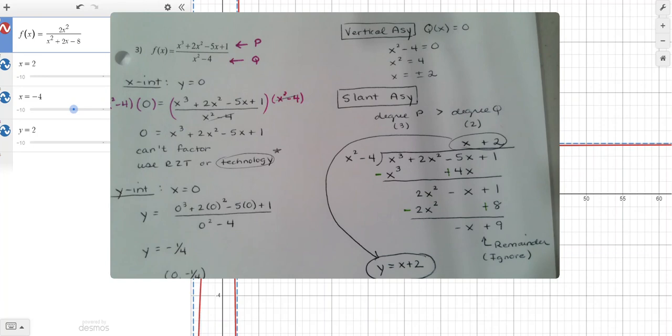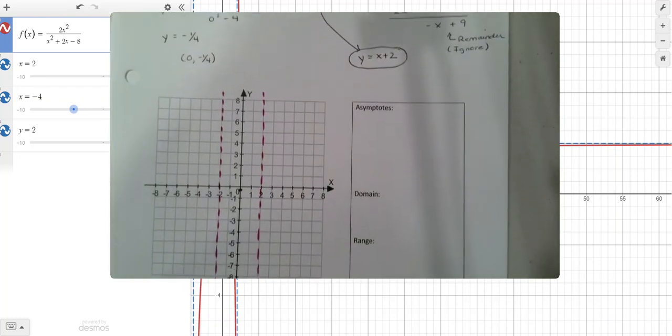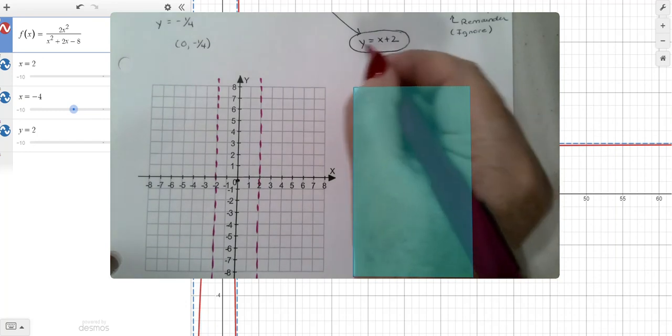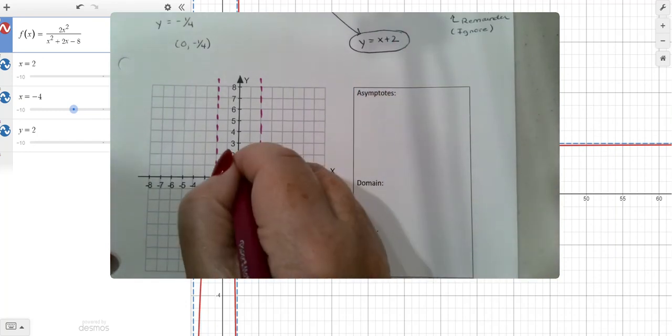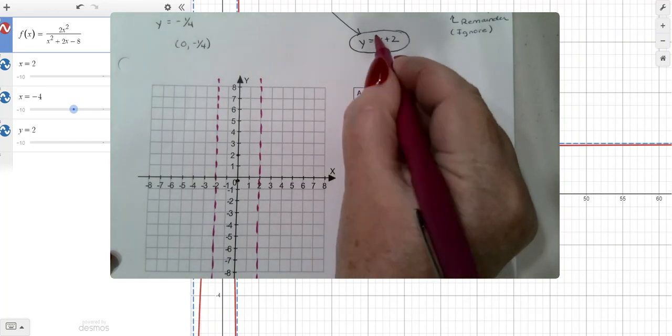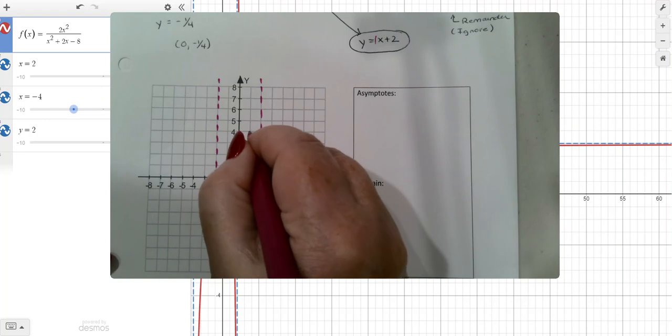All right, I'm going to add that to the graph. So y equals x plus 2, that's a line with a y-intercept at 2. And the slope here is 1, right? So I could go up 1 and over 1, up 1 and over 1.